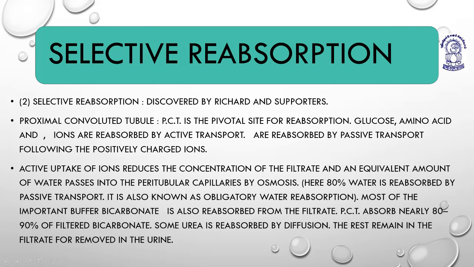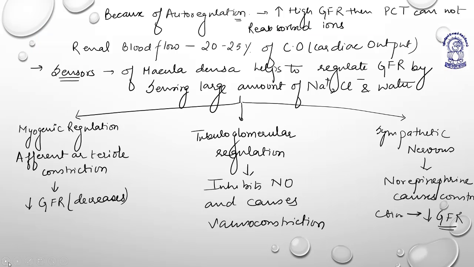Now, before coming to selective reabsorption, the renal blood flow, as we have studied, is 20 to 25% of the total cardiac output. Okay. It is around 1100 to 1200 ml per minute.